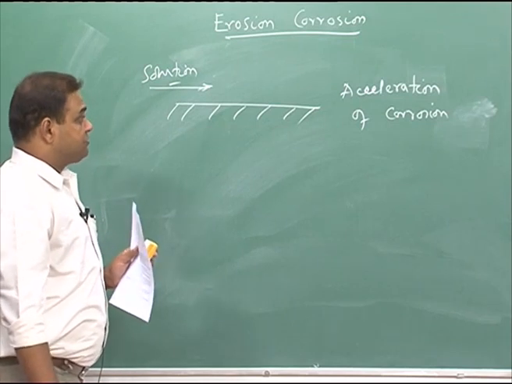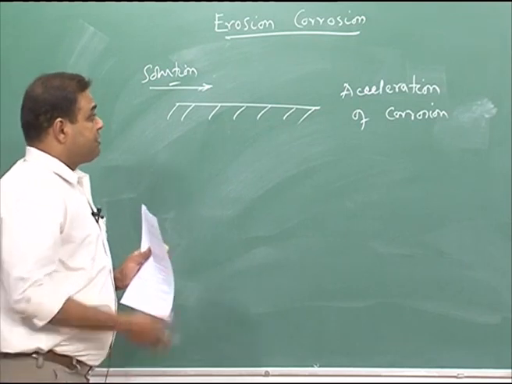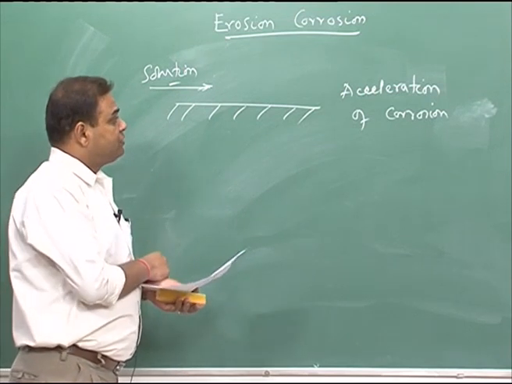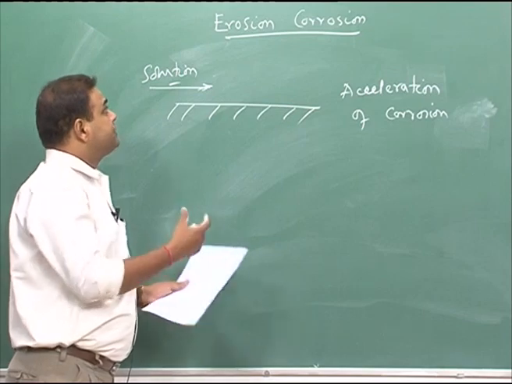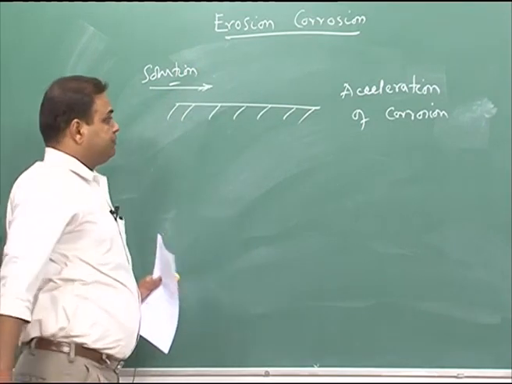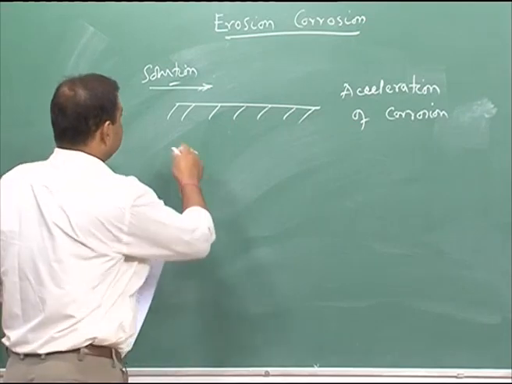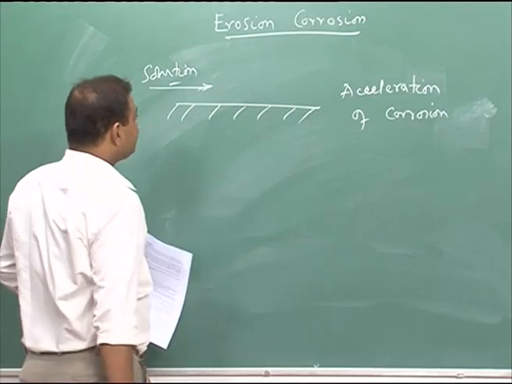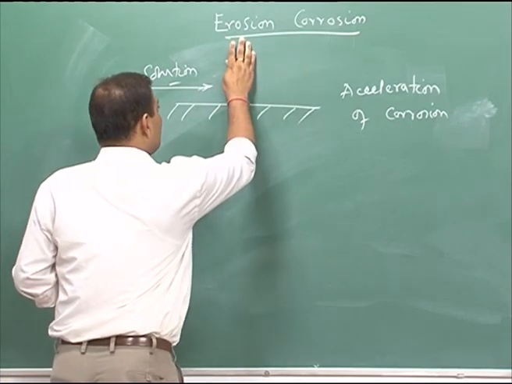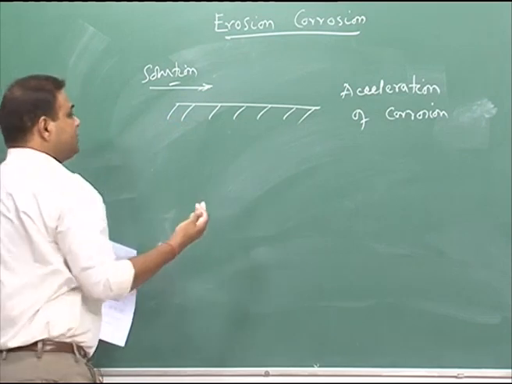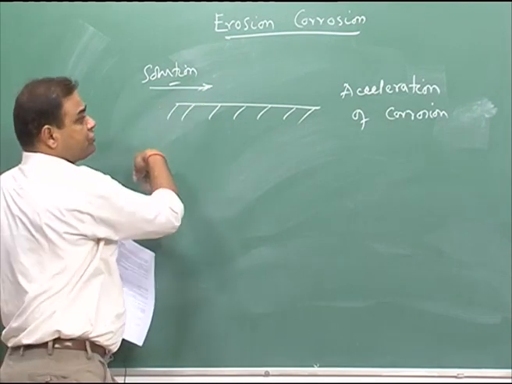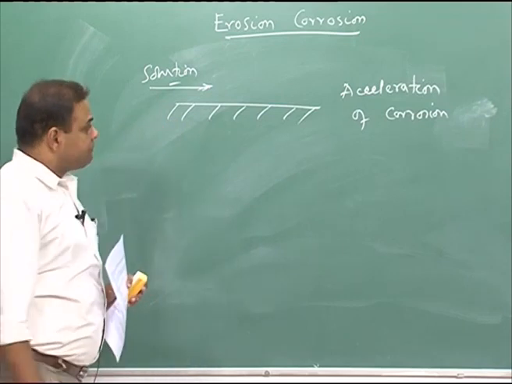Now, if there is a reduction of corrosion rate or deceleration of corrosion, then that will not be termed as erosion corrosion because of the flow of the solution. Before coming to the deceleration effect, we should understand that erosion corrosion would generally increase the corrosion rate because of the relative movement of the solution over the metal surface.